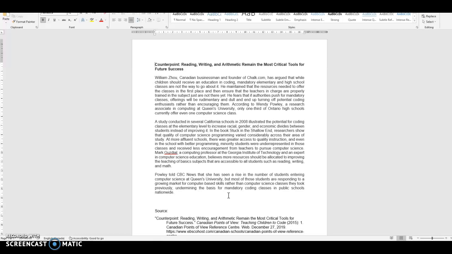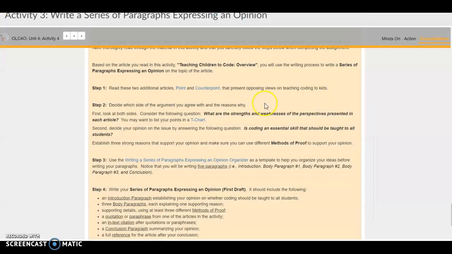So you've got 2 counter arguments in these two articles. Once you've read those 2 counter arguments, you have a decision to make. Based on those 2 articles and the overview article, you have to decide which side of the argument you agree with and why.